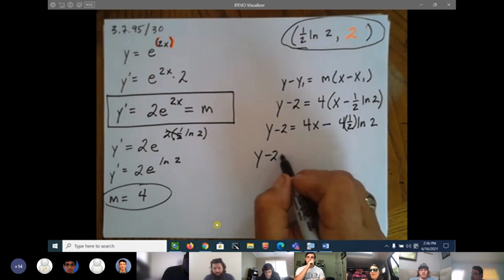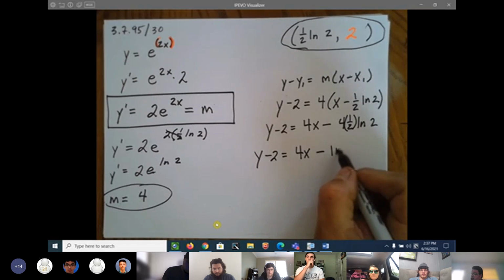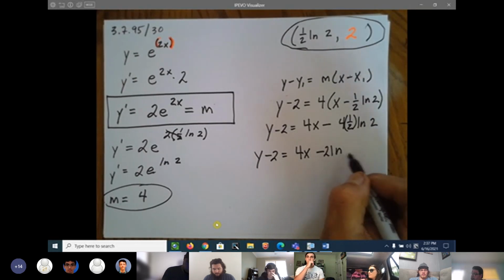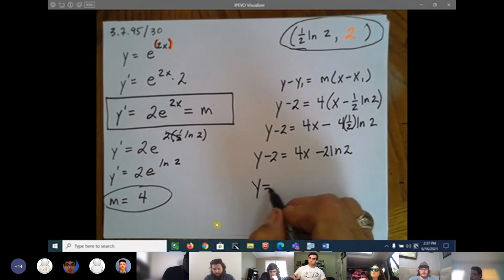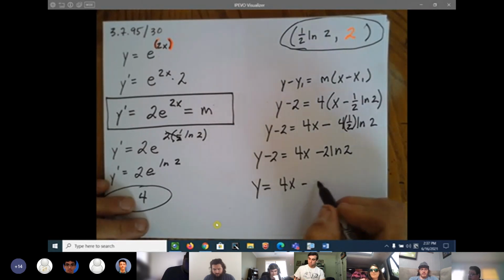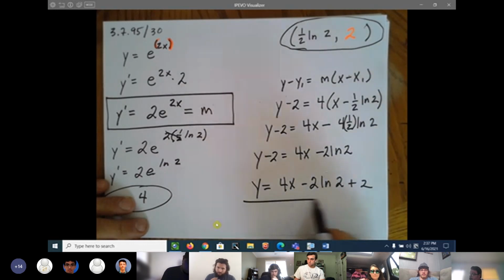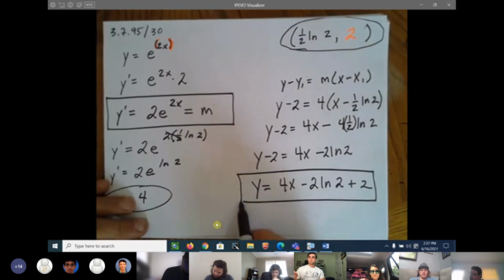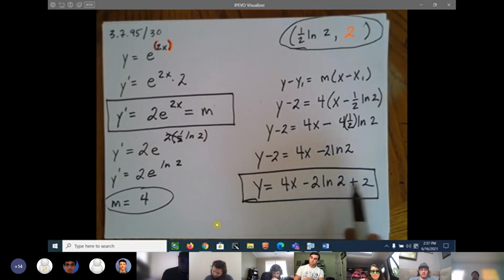Y minus 2 is equal to 4x minus, I'm sorry, 2 natural log of 2. And y is equal to 4x minus 2 natural log of 2 plus 2. Now, of course, you can use your calculator, but they just wanted the equation. So there's the equation.